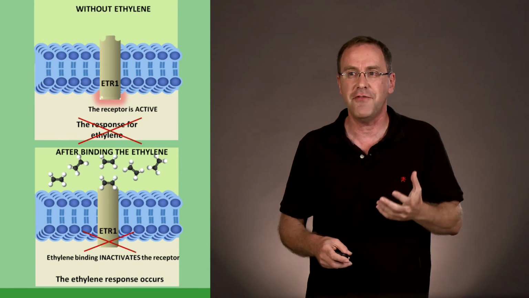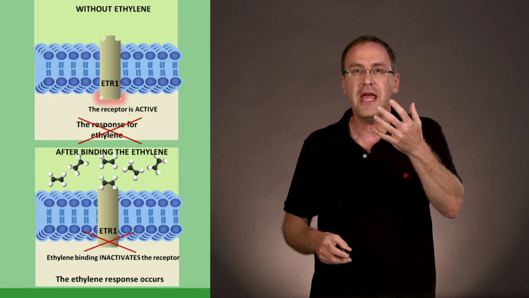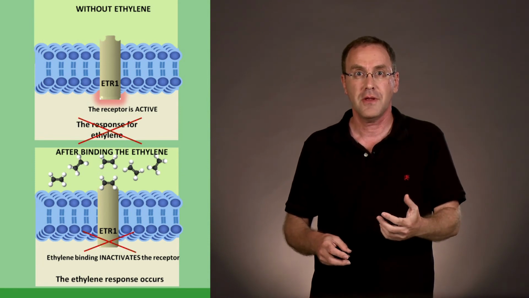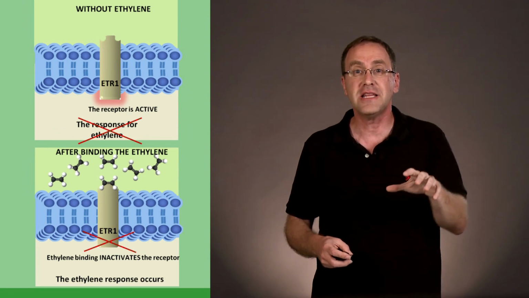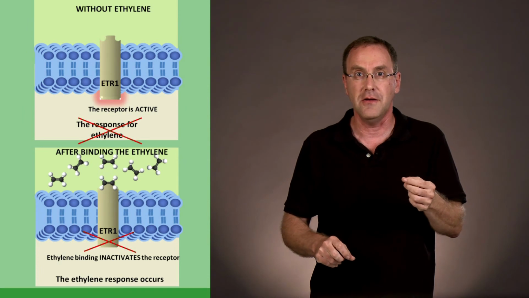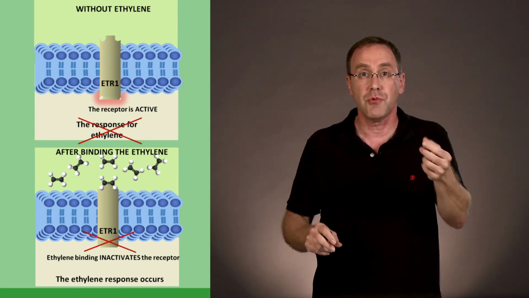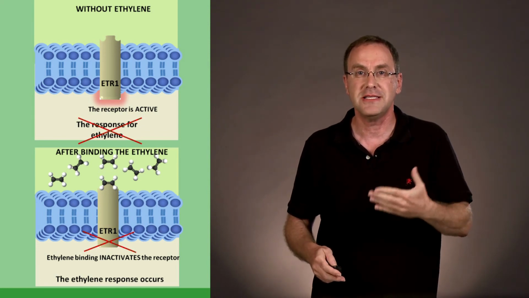It has a negative effect. When it's on, it's repressing the ethylene response. The ethylene molecule, the phytohormone itself, comes, binds to the ethylene receptor on the membrane of the plant cell, turns off the repressor, which then allows the rest of the ethylene response to continue.